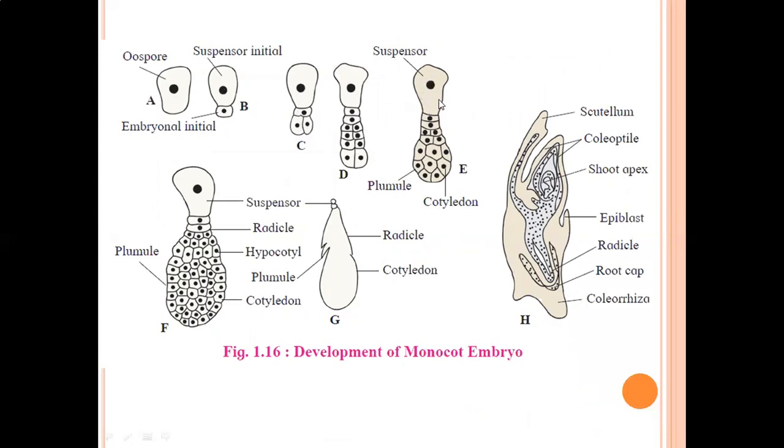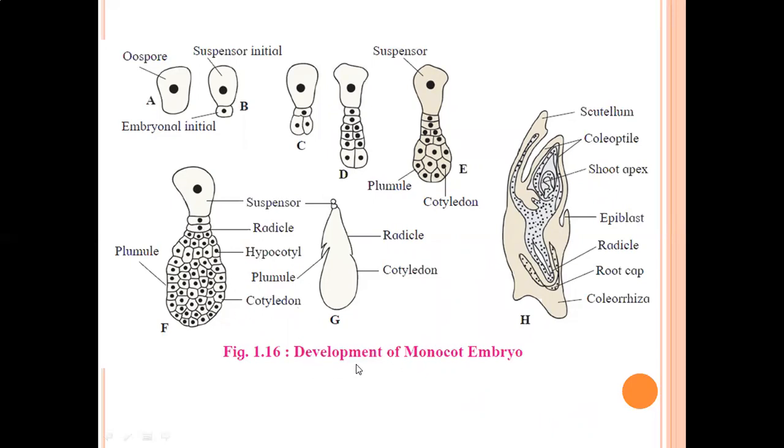Now this is called the suspensor, and all this mass is called plumule, because from this shoot formation will take place. It is the cotyledon, E. Now again mitosis takes place, and a number of cells are produced, which will make the plumule of that plant. It is the suspensor cell, radicle, hypocotyl, and cotyledon.